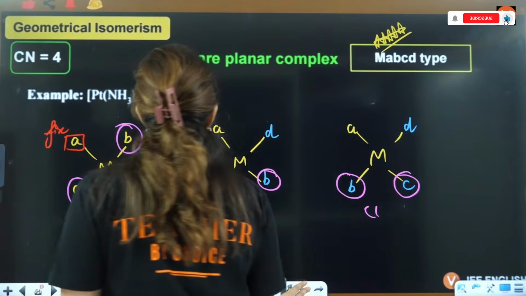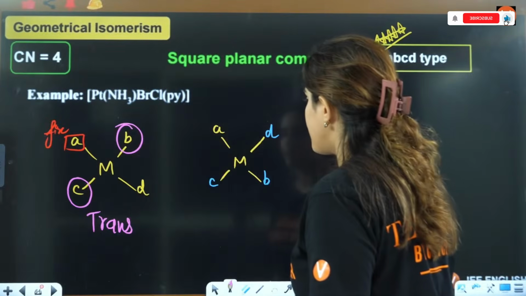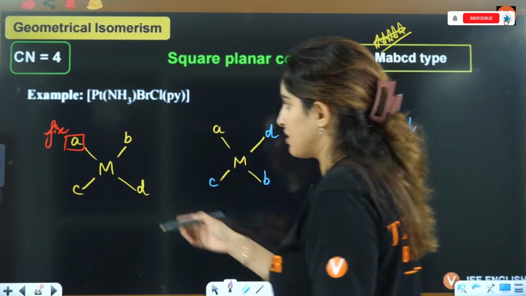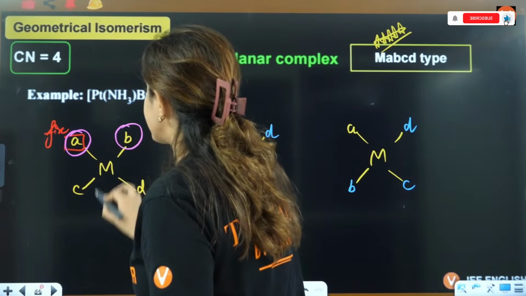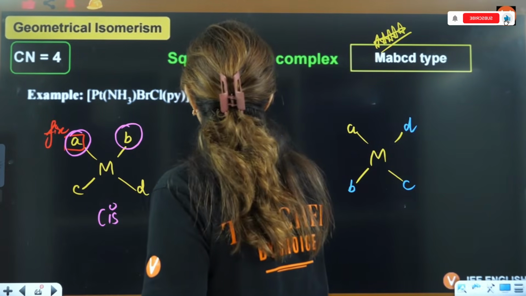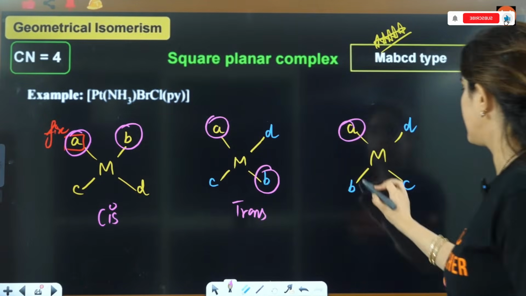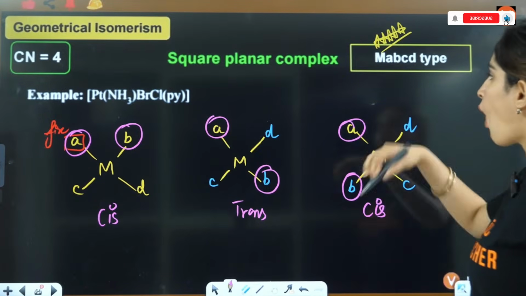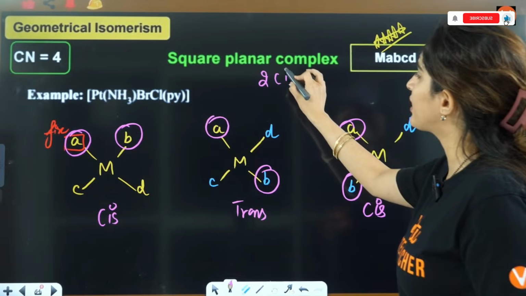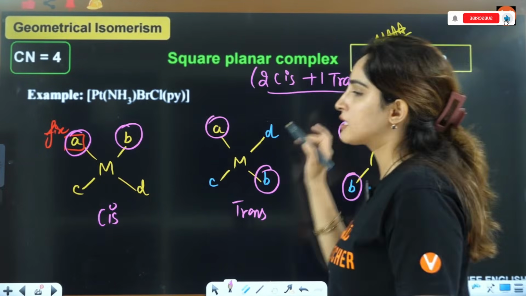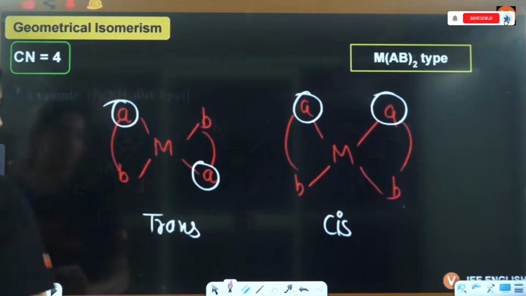Let's say I don't want to take B and C as same. I want to take A and B as same. So if you take A and B as same, this is cis. A and B as same, this is trans, this is cis. So no matter what you take, always you are going to have two cis and one trans in this case, right?